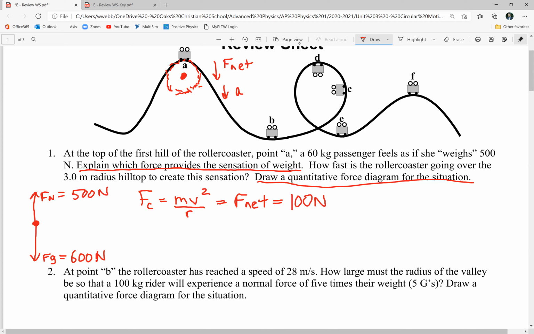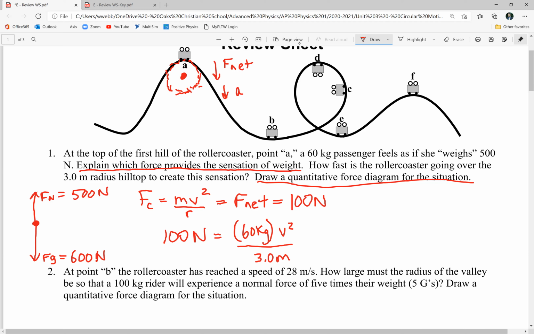So if we say 100 newtons is equal to mass, 60 kilograms, times v squared over a radius of 3 meters, we actually know everything except for the velocity, right?